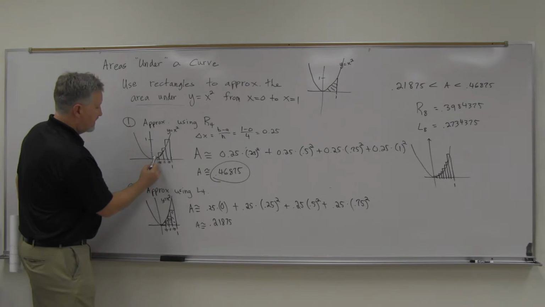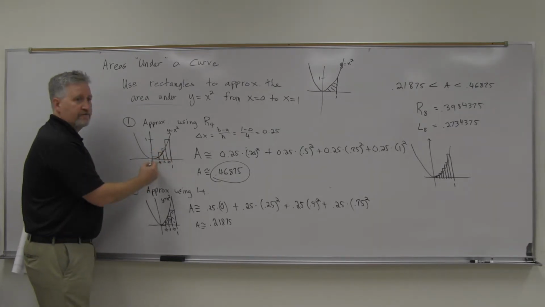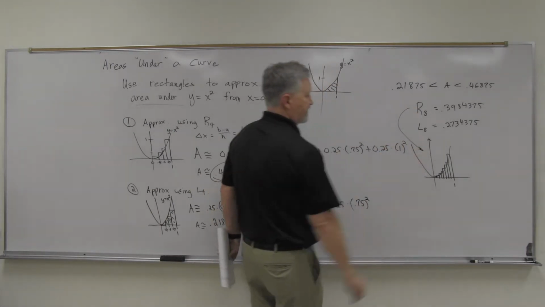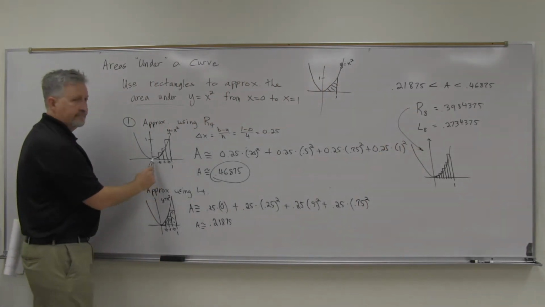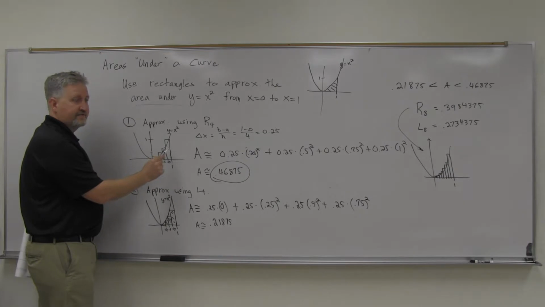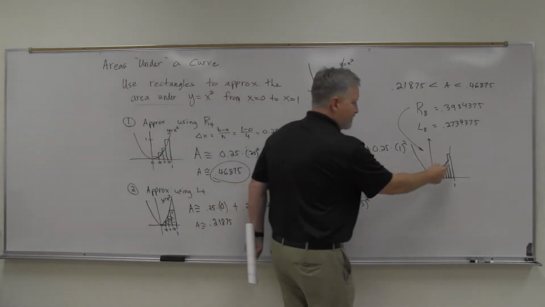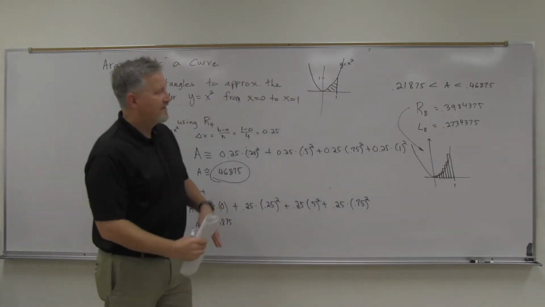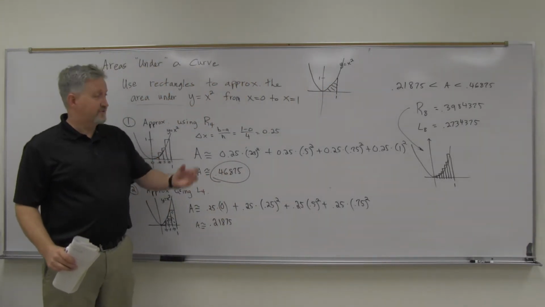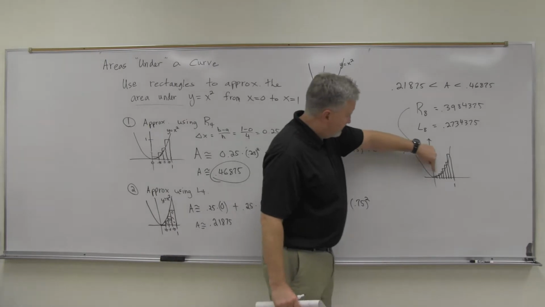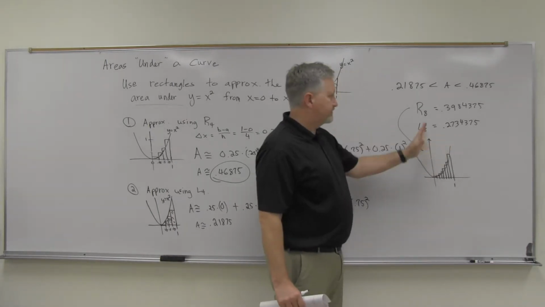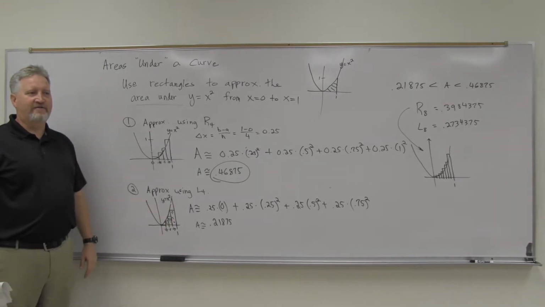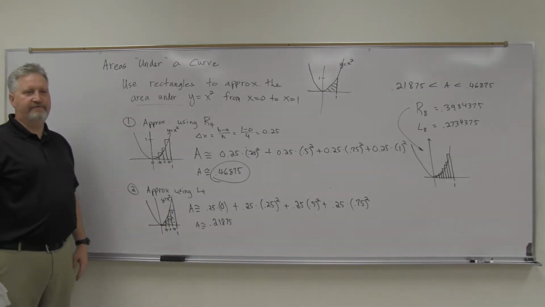I've got smaller little pieces that are over. That's the R8 right there, the picture representation of it. You've got less overage. You have more pieces, but each one of them is a little bit smaller. So when you do more rectangles, you get either smaller overages or underages, is that a word, than you would have with fewer rectangles.